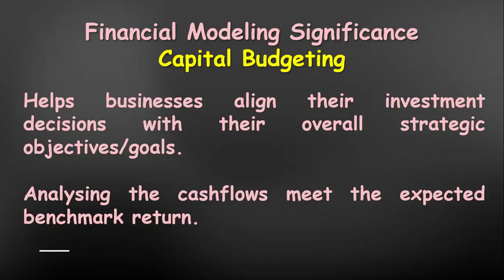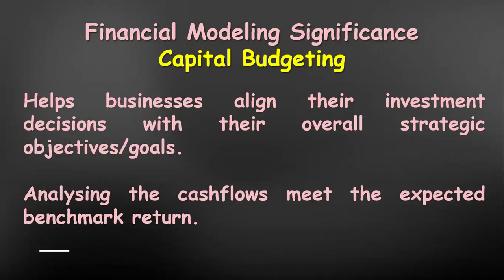Capital budgeting helps businesses align their investment decisions with their overall strategic objective and goal, analyzing whether the cash flows meet the expected benchmark return. Here, the capital budgeting technique is one of the most important techniques that help you align your business with your objectives.